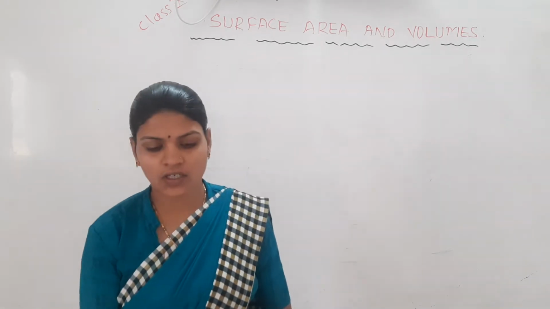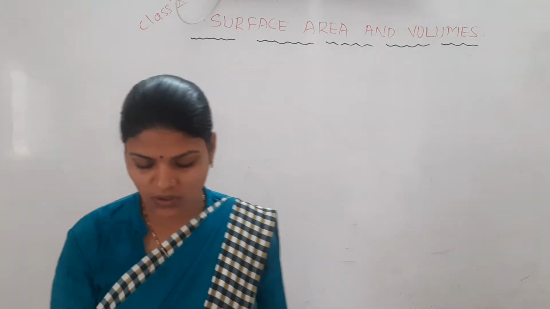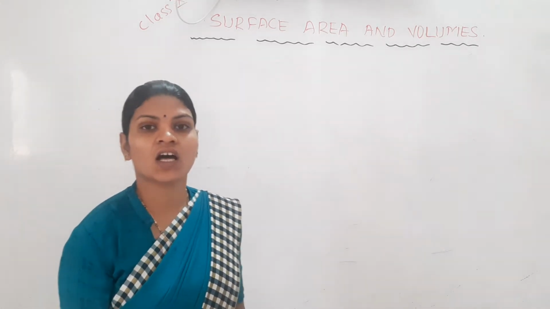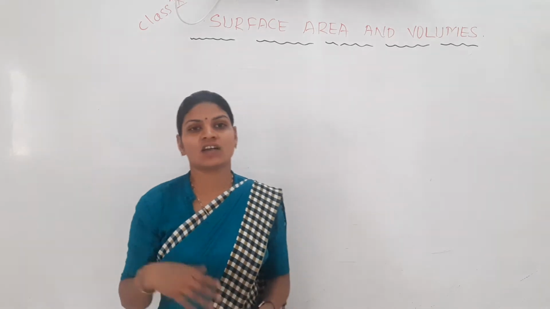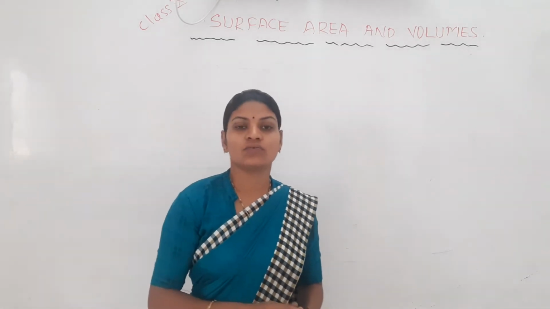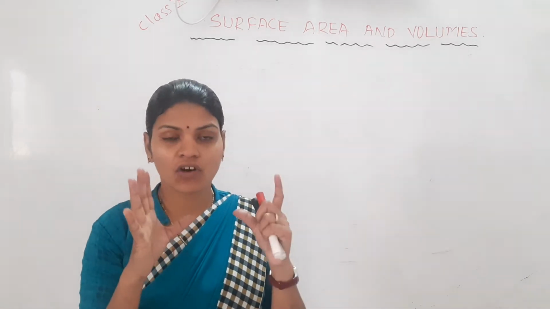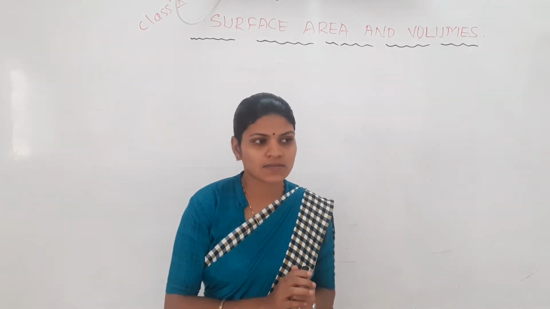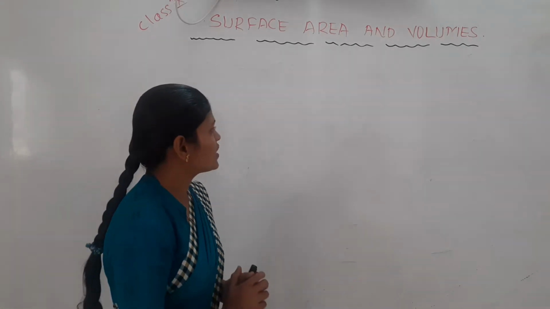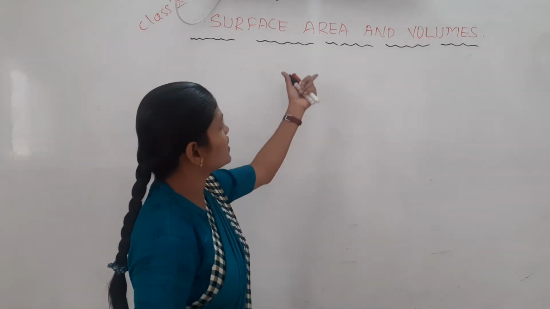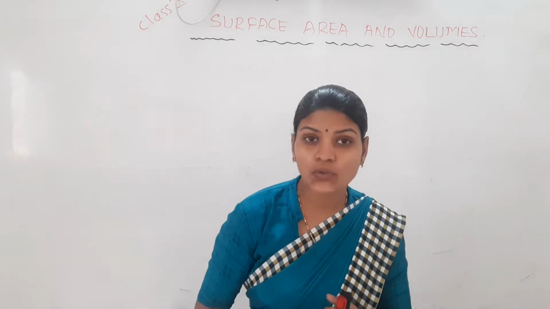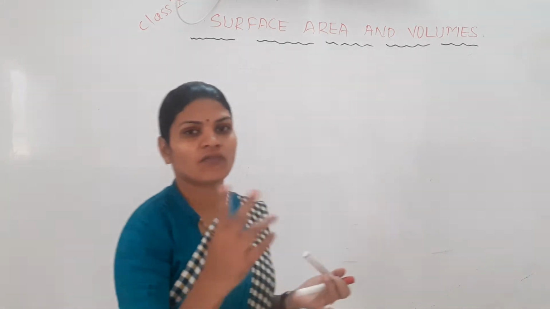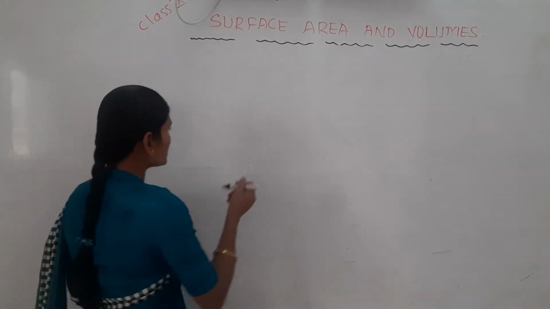Before going there, we have to remember all the formulas of the surface area, whether it is curved surface area or total surface area. We need to remember the formulas in this session. Next, in this class we are studying how to find the surface area and volume of a combination of any two solids.